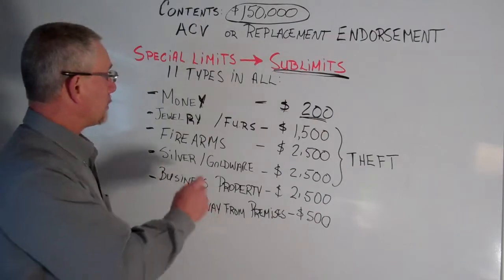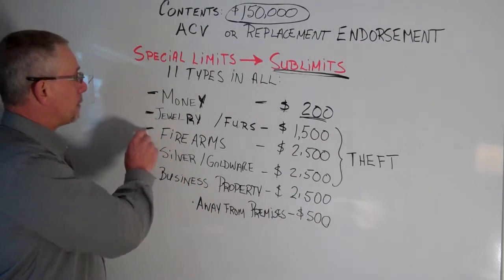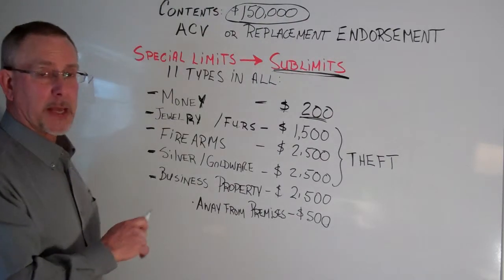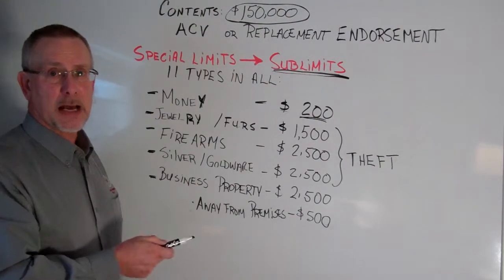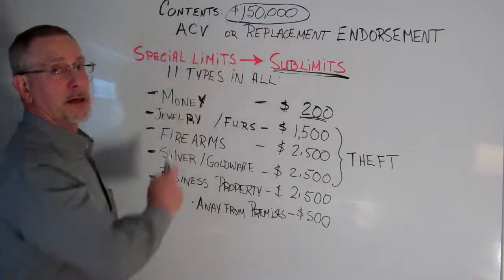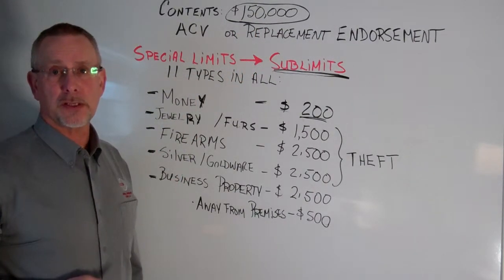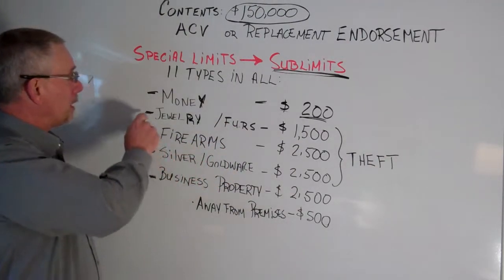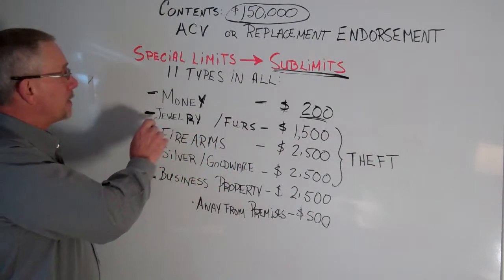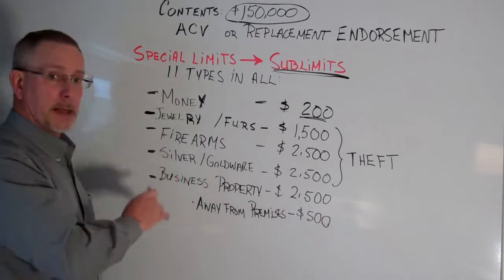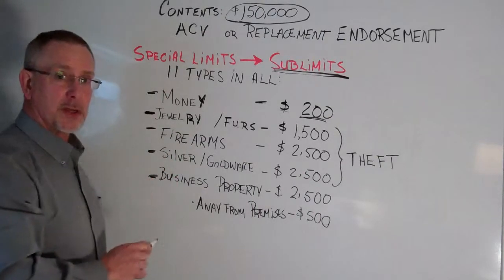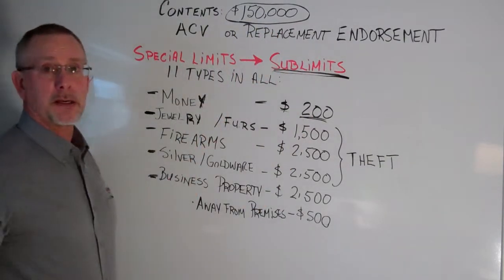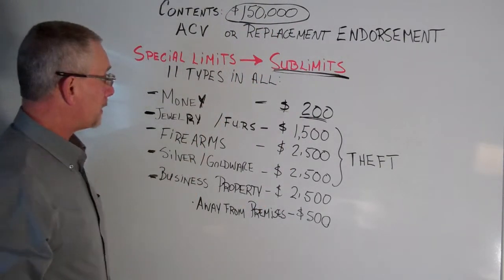This is another reason why insurance companies want to put endorsements on some of these items, because these can add up to quite extensive dollars that can really eat into your contents coverage on a large loss situation. So when you do put a rider or an endorsement on to get increased jewelry, firearms, business property coverage, these are coverages over and above what your contents coverage is on your base policy.